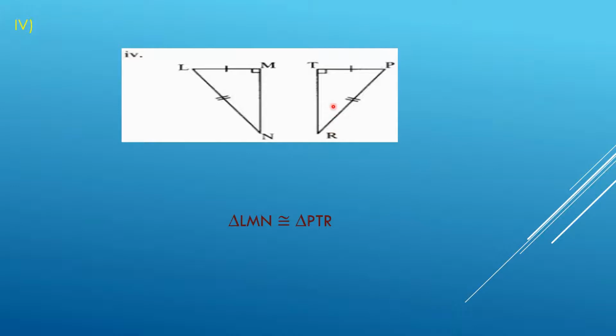That means this triangle is a right angle triangle. M and T are 90-degree angles. And therefore, by which test are these two triangles congruent? By hypotenuse side test, these two triangles are congruent. Therefore, triangle LMN is congruent to triangle PTR.